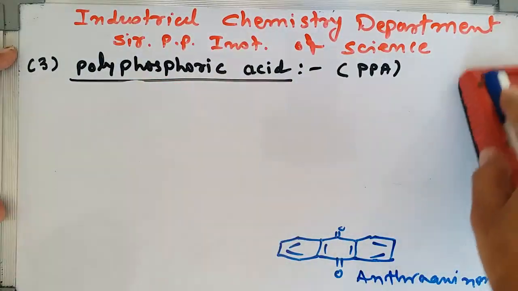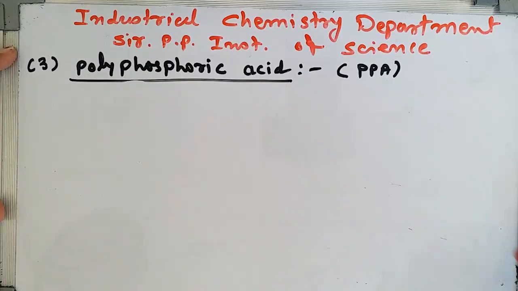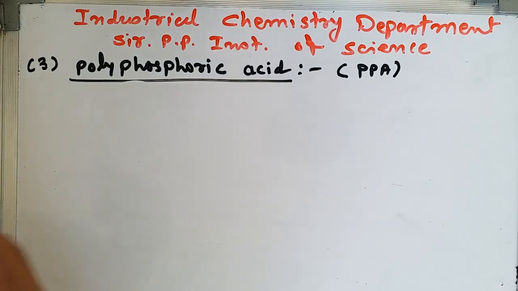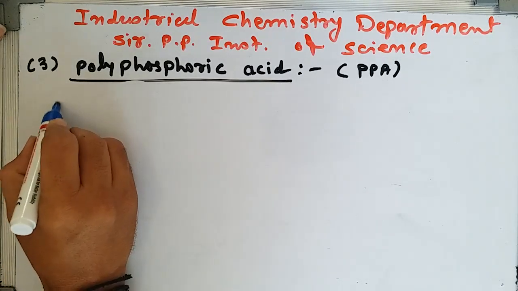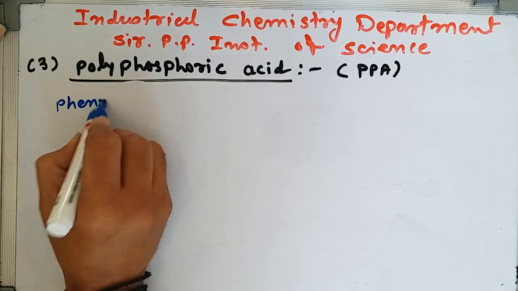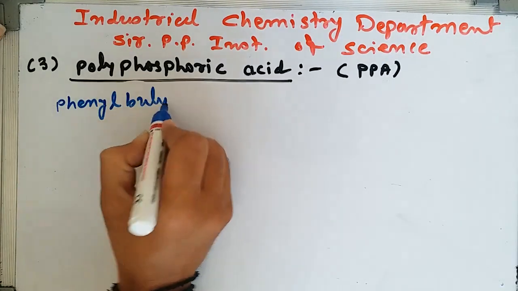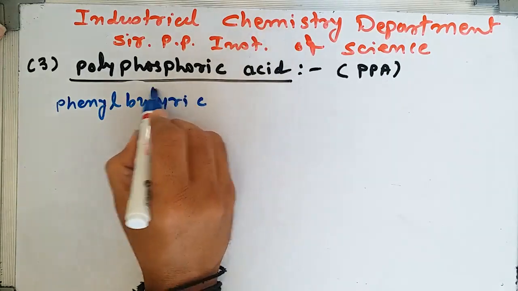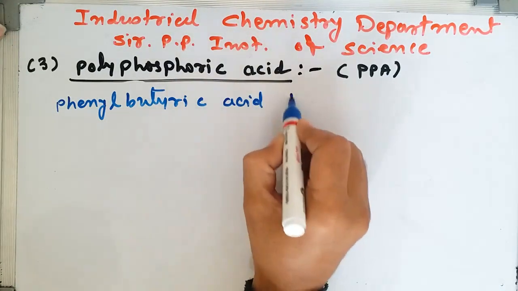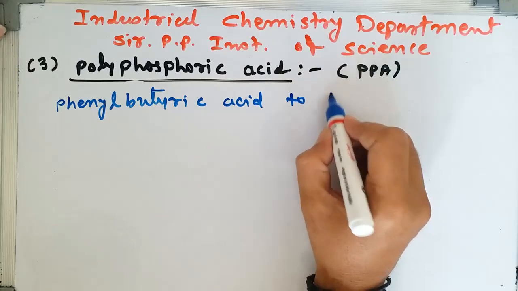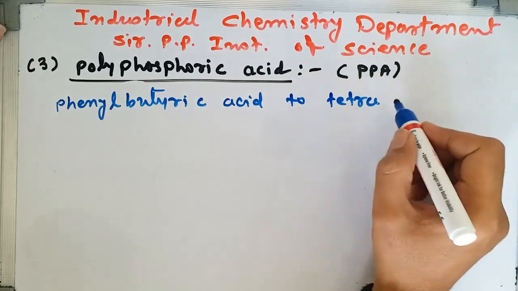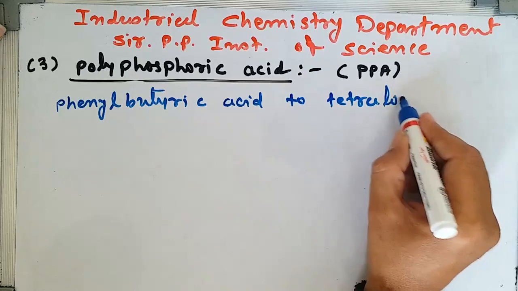Now we see the next example for cyclodehydration: phenyl butyric acid to tetralone.